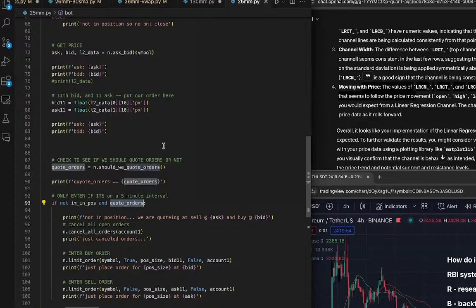So should we quote? Perfect. This one, I didn't have that note on there so I could understand. After checking if we should quote or not. All right, so sweet.